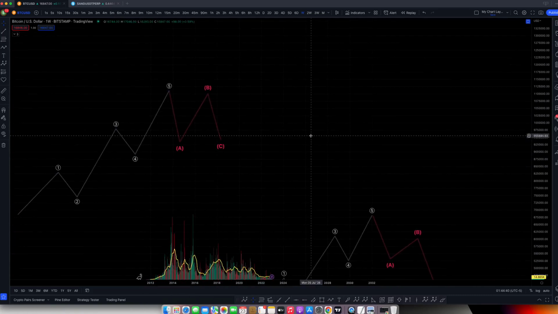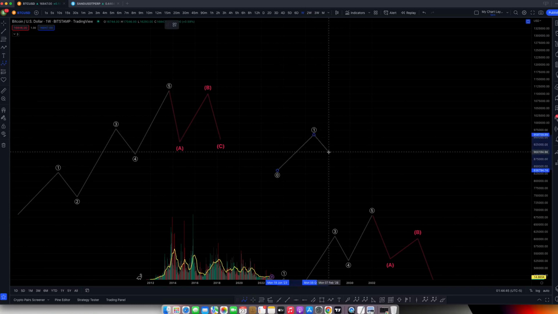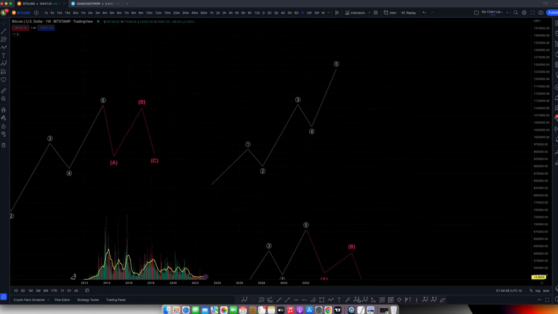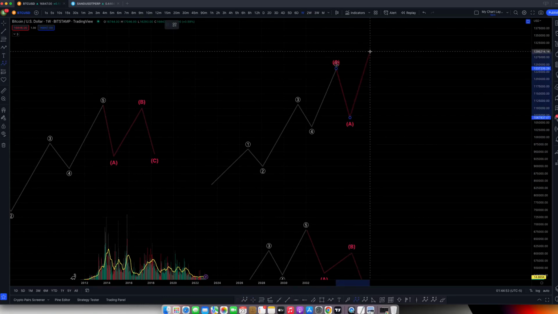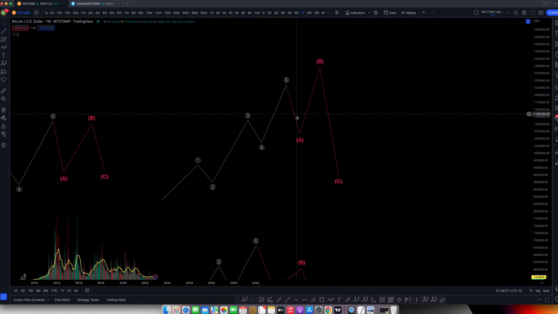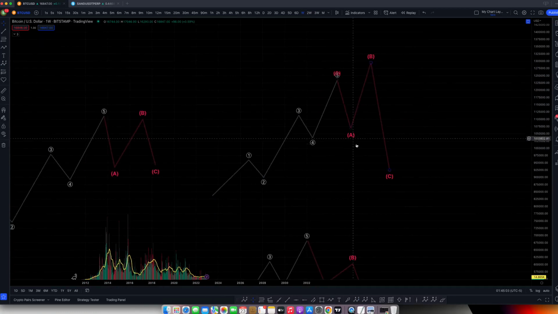So this is one. Second, we call it expanded flat. That is the most common most of the time. So 1 2 3 4 5, and expanded flat is 3 for A, 3 for B, 5 for C. So this is expanded flat. A will come below, B will go beyond the start of A, and C will be beyond the end of A, right?